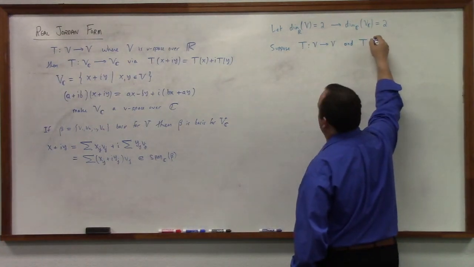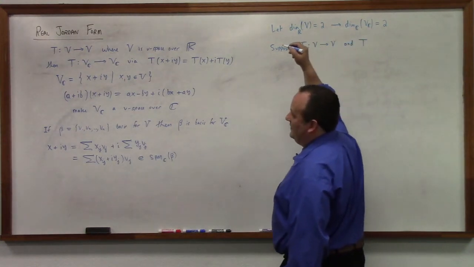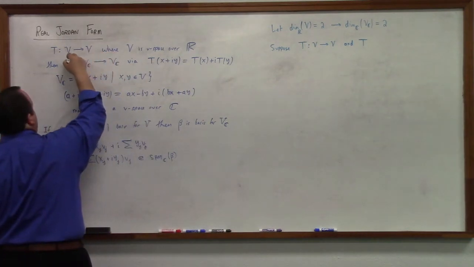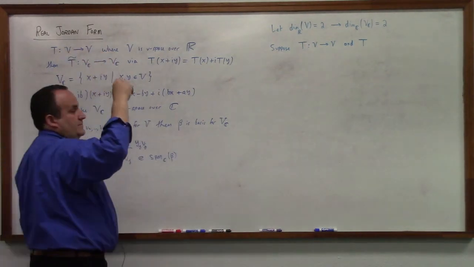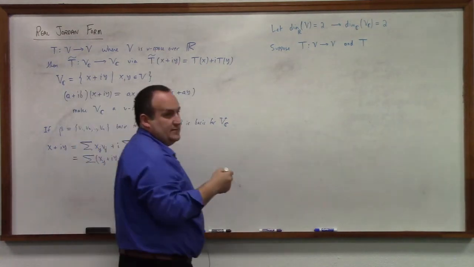I want to suppose that the complexification of T, which maybe I should slap a T sub C on. Let me call this T tilde. Okay? So T tilde of x plus iy is like that.